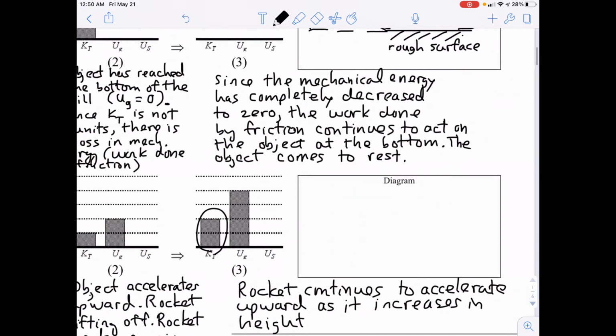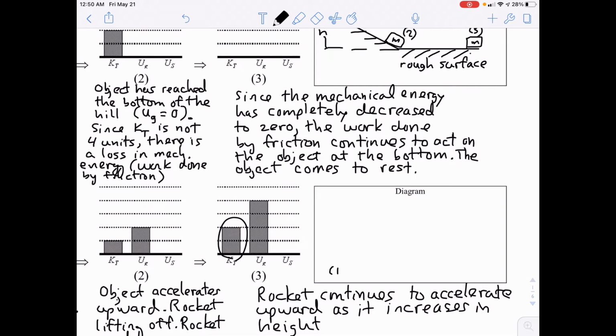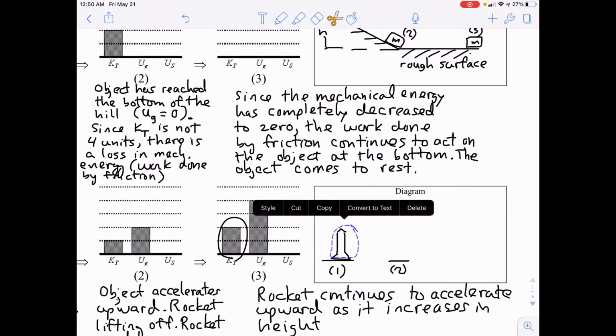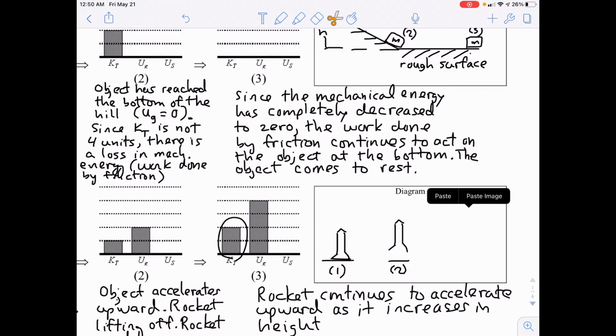So similarly, we could draw 3 diagrams here: diagram 1, a rocket on the ground, then a rocket taking off, then a rocket higher.